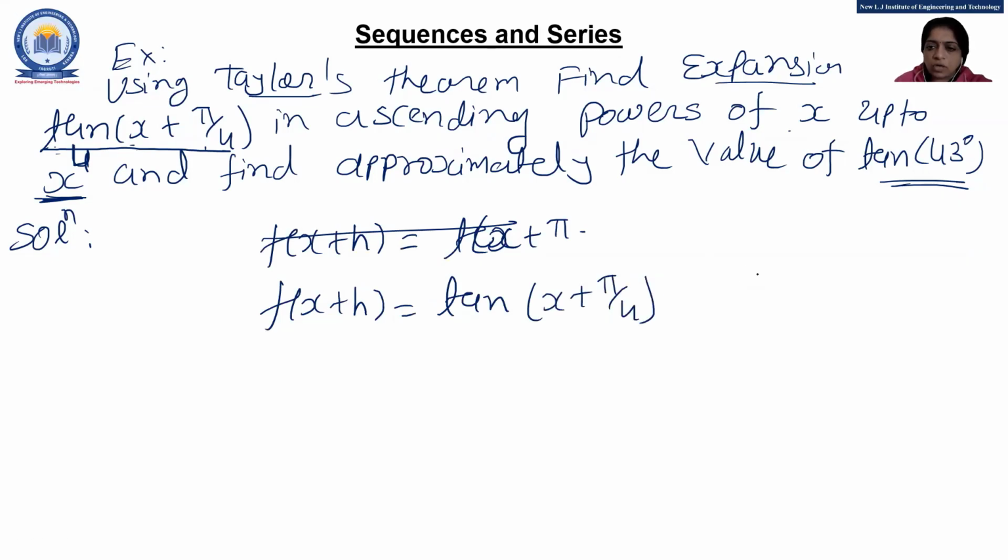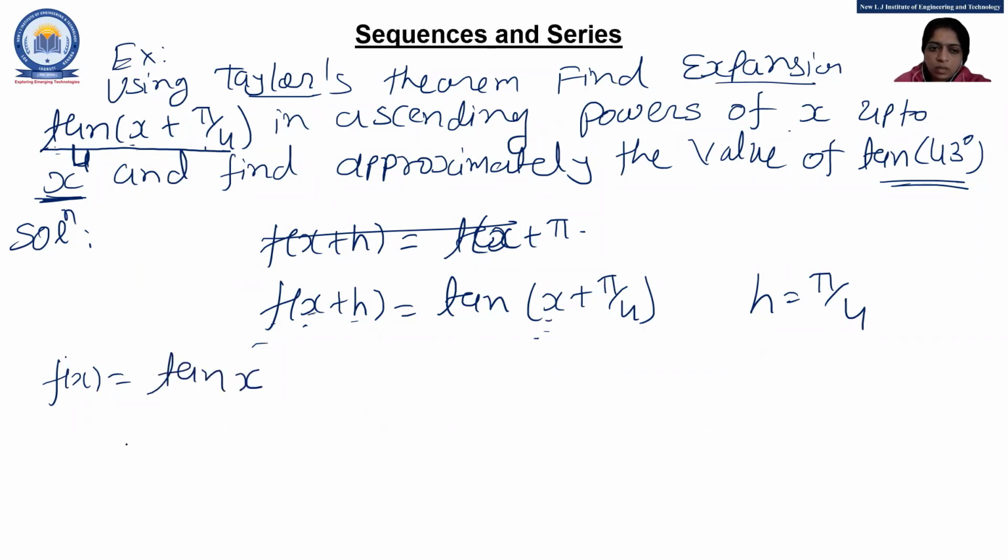It means your h is pi by 4. By comparing these two terms, your h is pi by 4, and f of x is tan x.